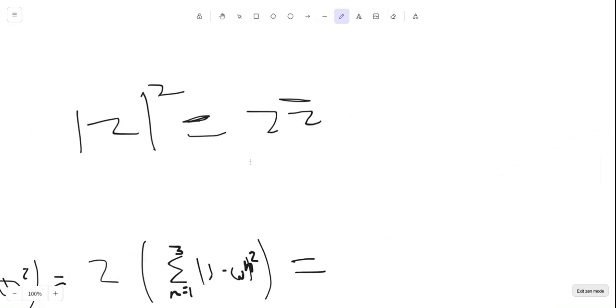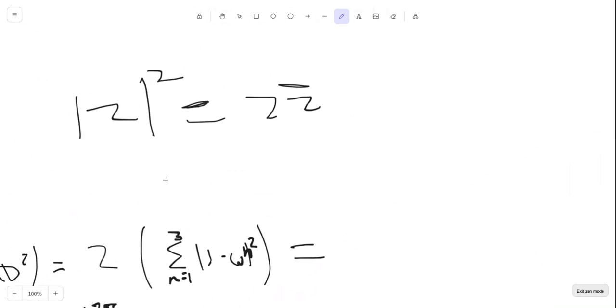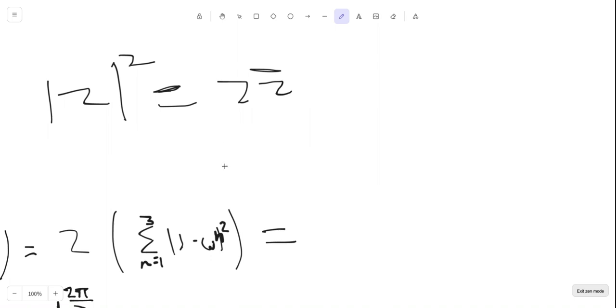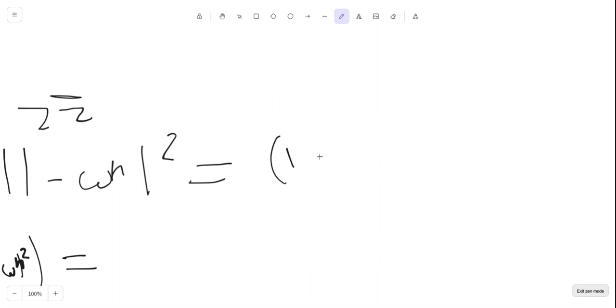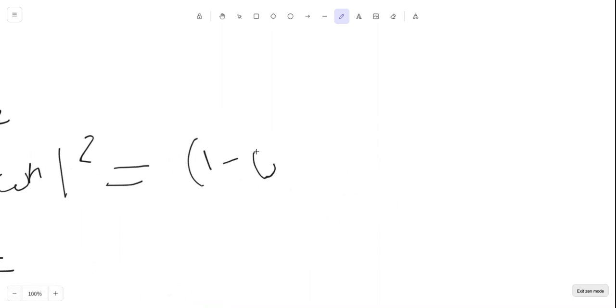So if we have 1 minus omega to some power n, its absolute value squared is going to equal, using this formula above, 1 minus omega to the n times its conjugate. 1 is real, so its conjugate is itself, and this becomes omega to the negative n.